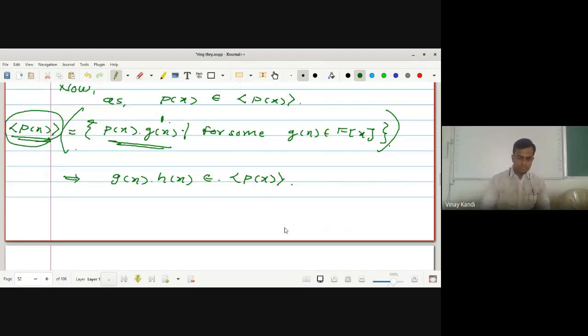Now, the ideal generated by P of X, what did we assume?